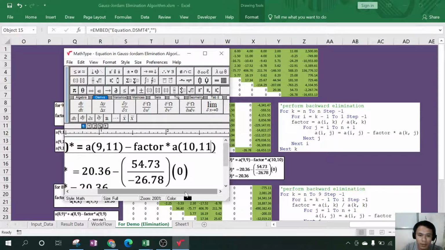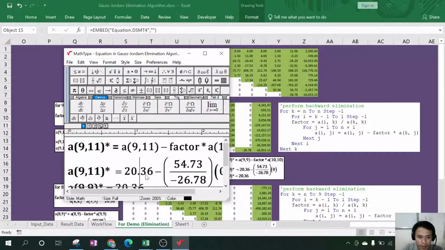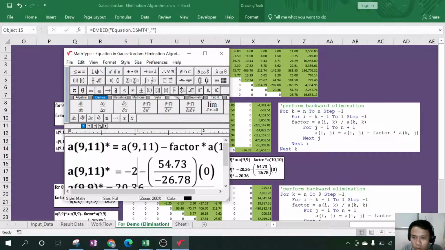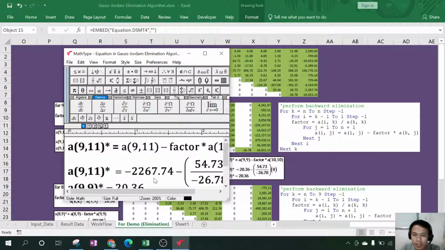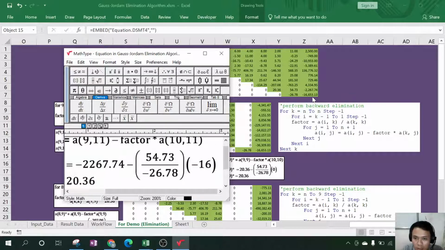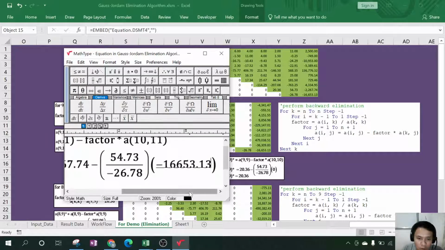So this one is negative 2267.74 minus 54.73 over negative 26.78 times negative 16,653.13.